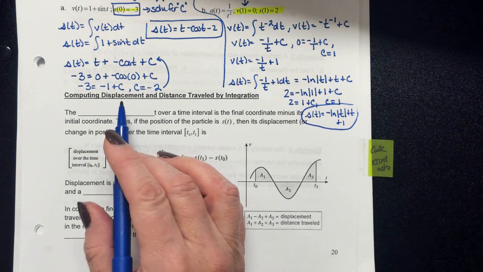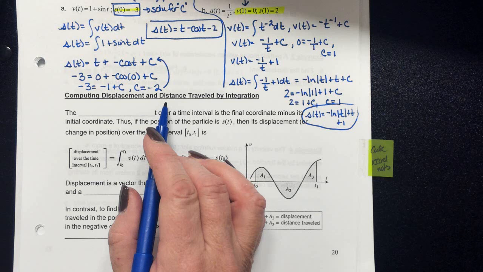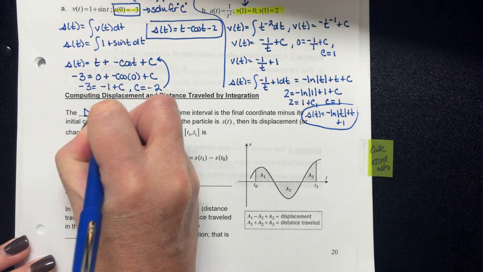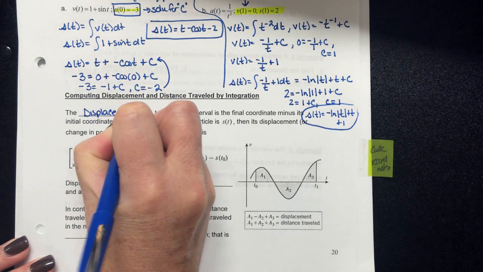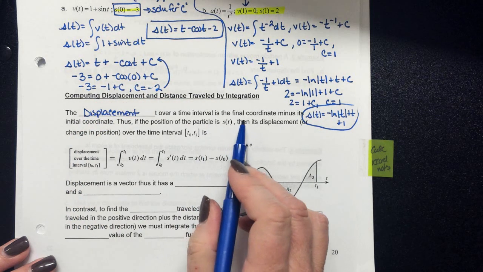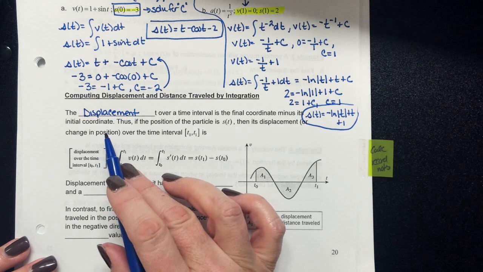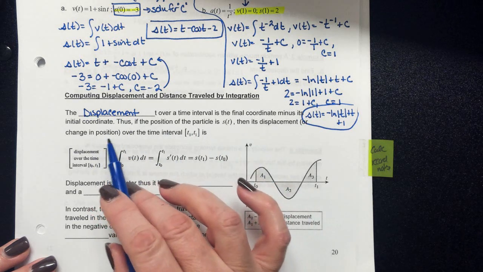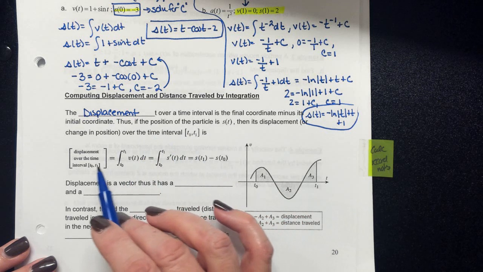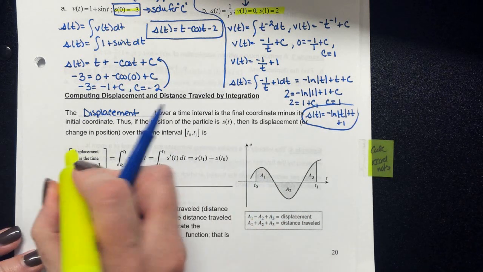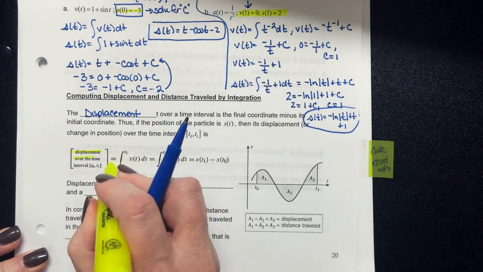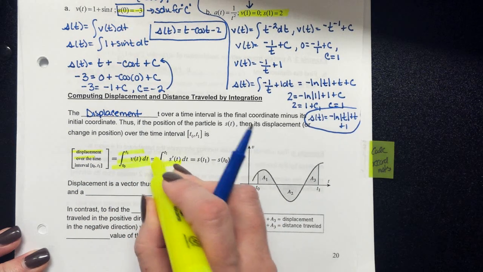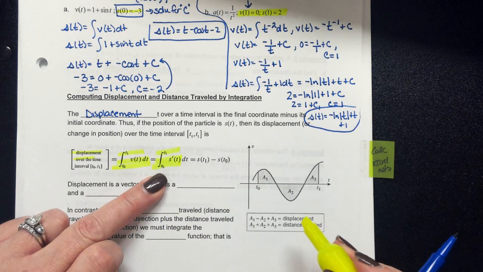So now going back to displacement and total distance traveled. Again, the displacement over a time interval is the final coordinate minus its initial coordinate. Thus, if the position of the particle is s of t, then its displacement, or change in position over the time interval, can be found by integrating your velocity function, or integrating the first derivative of the position function.